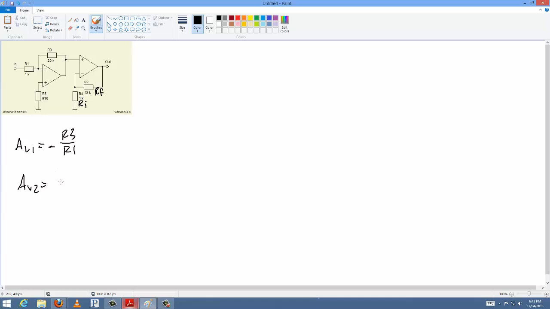And looking at that, it's non-inverting, so it's 1 plus R2 on R4.